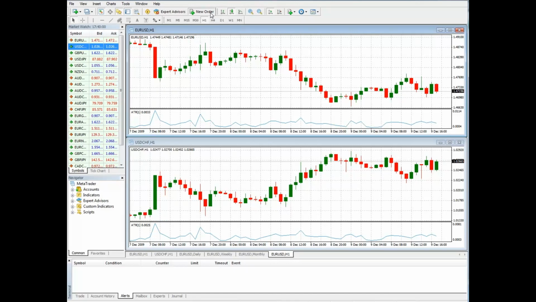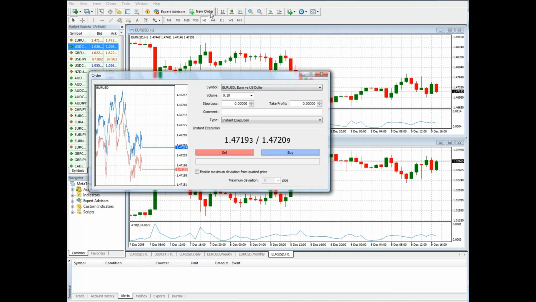Okay, so the first order is I'm going to sell, and I'm going to sell this particular thing at 1/10 of an entire lot. I'm going to sell the euro dollar, US dollar. Okay, and I'll just give you an example of how this can work.